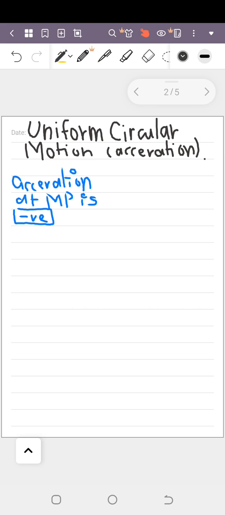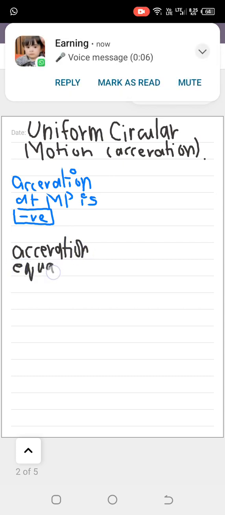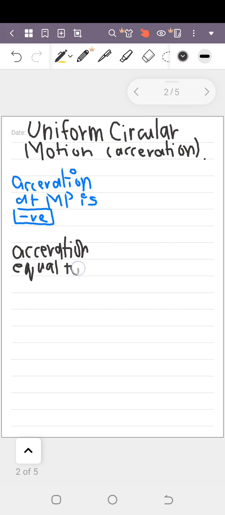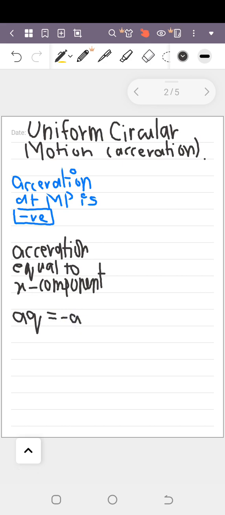So we will write aq, which is the acceleration of the shadow, will be equal to minus the x component of the particle acceleration.